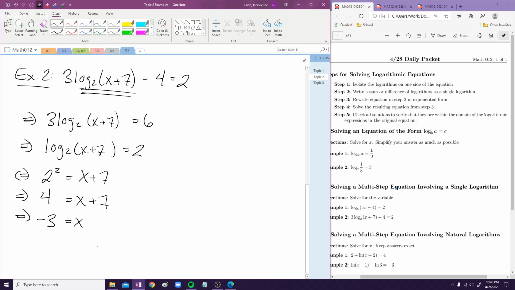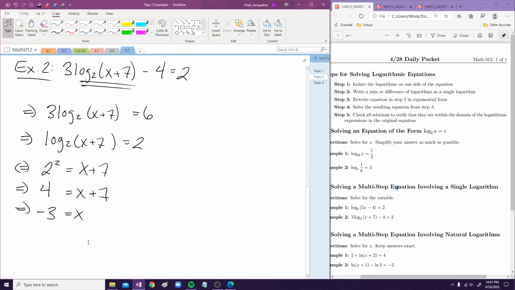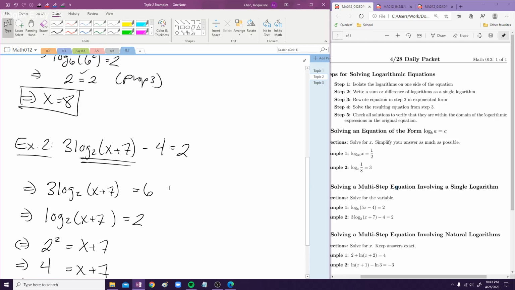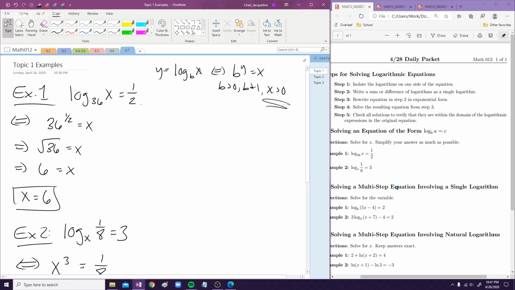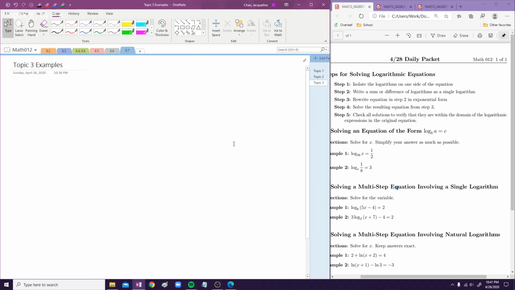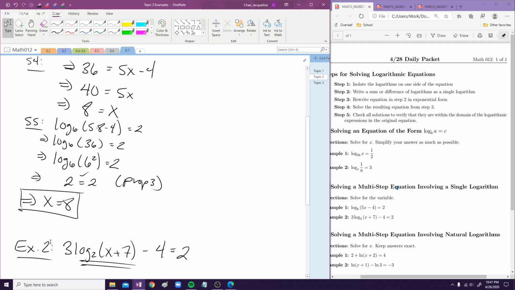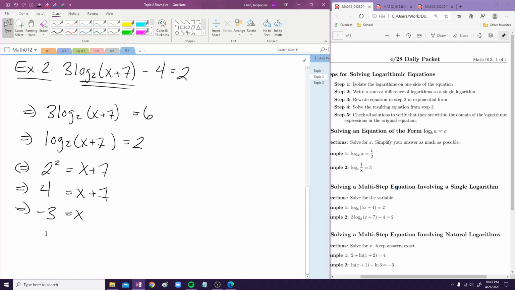So we see that x is equal to negative 3, but do not be fooled. This x is not the same as this x. This x represents the entire argument. This x just represents part of our argument, because our argument is x plus 7. So just because there's a negative here doesn't necessarily mean it's not in our domain. We still have to plug it in.